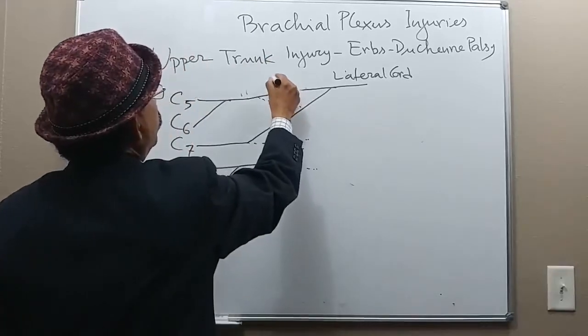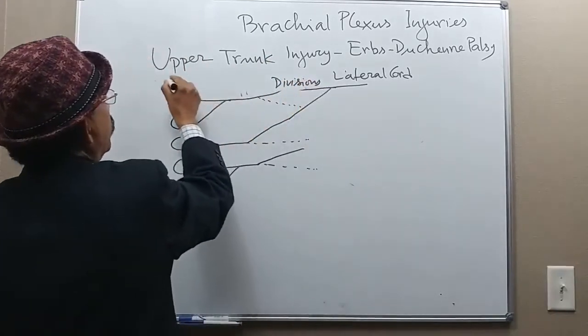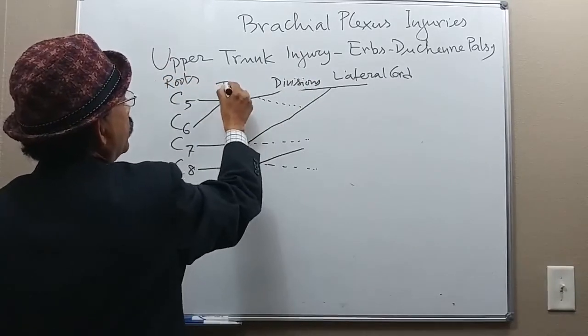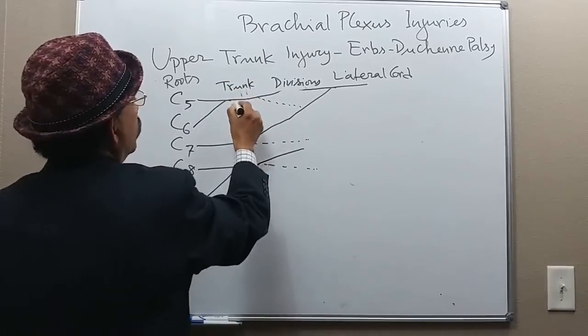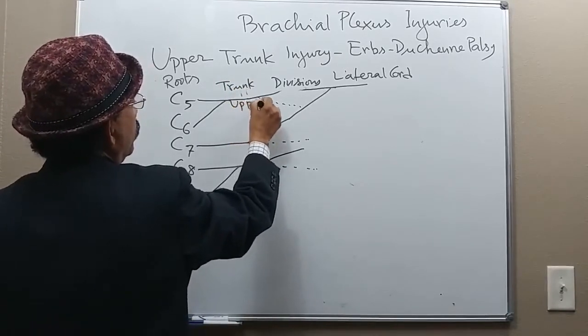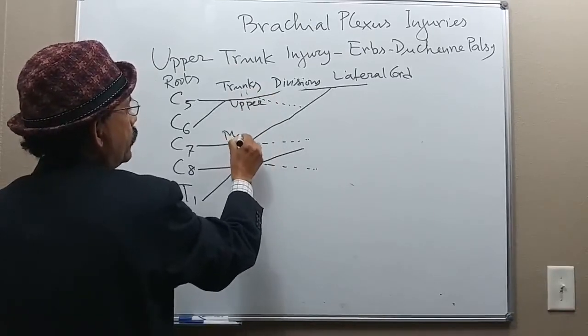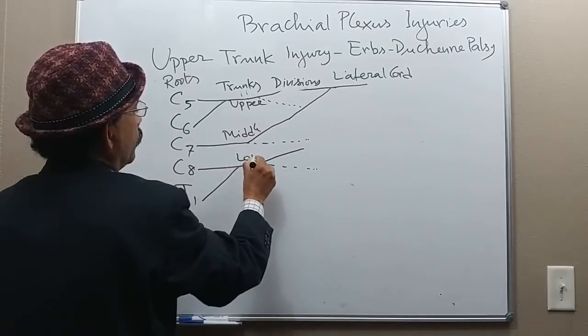So these are the divisions, these are the roots, these are the trunks: this is the upper trunk, this is the middle trunk, this is the lower trunk.